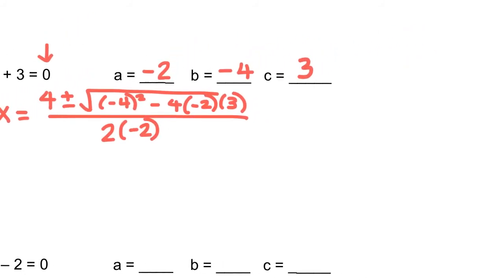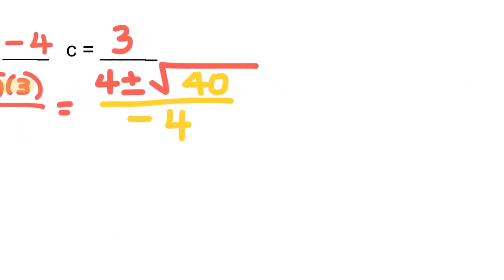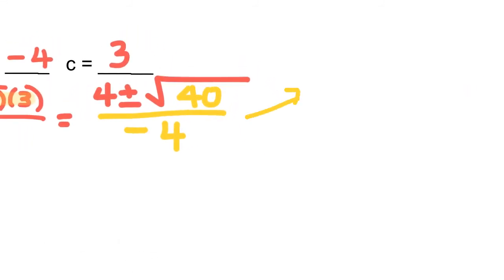So again, let's simplify the things under the radical. You can put all of this in your calculator if you like. And we find that we have 40 under the radical. We can simplify the denominator to be negative 4. Now to separate these into the two problems, we would have 4 plus the square root of 40 over negative 4.